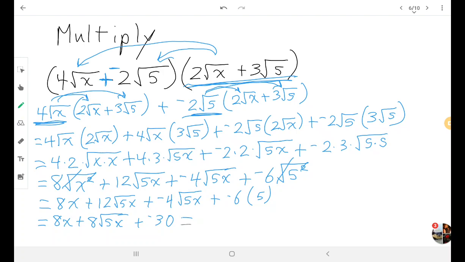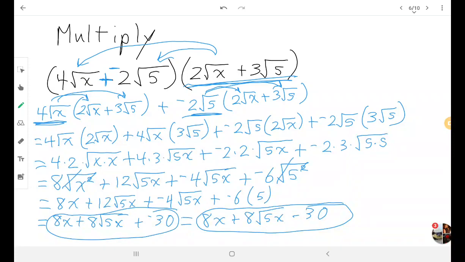And so now I can start putting together things that make sense to put together. Nothing can combine any more than it is. And in fact, there's really not much else that I can do except maybe write this plus negative as a minus at the end and write this as 8x plus 8 times the square root of 5x minus 30. And that would probably be the most simplified answer, although this answer is a perfectly fine answer as well.